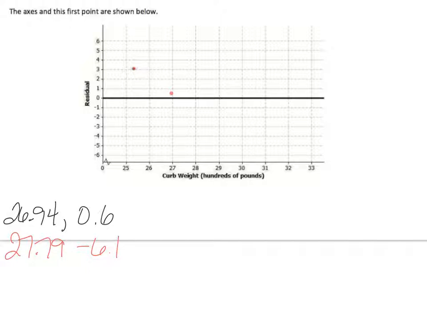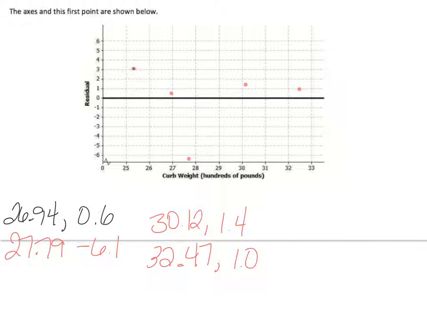About right there. 30.12, 1.4. Pretty close. And then the last one is 32.47, 1.0. 32.5, right about there. Okay, so you would have plotted that along with me.